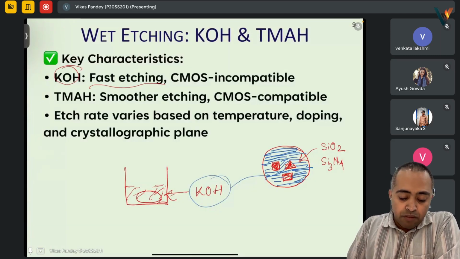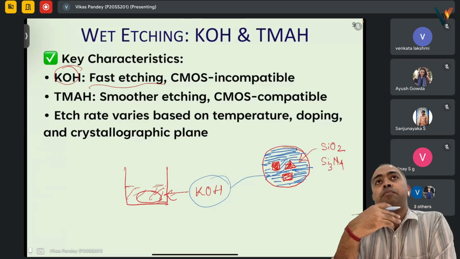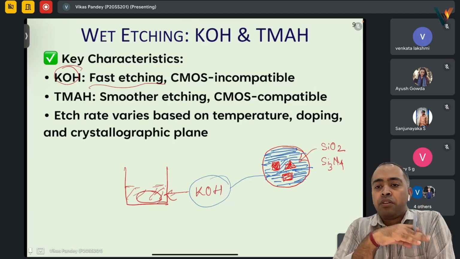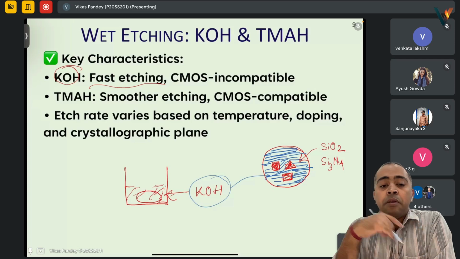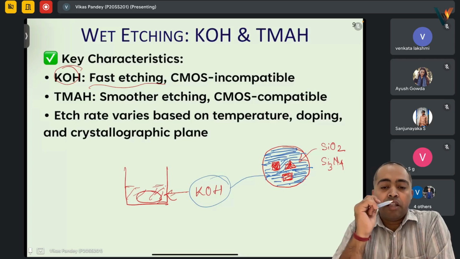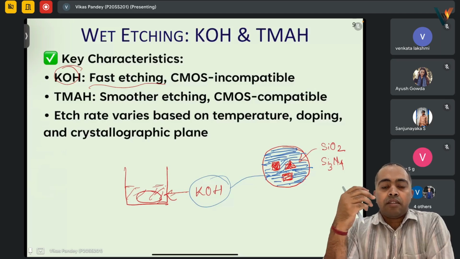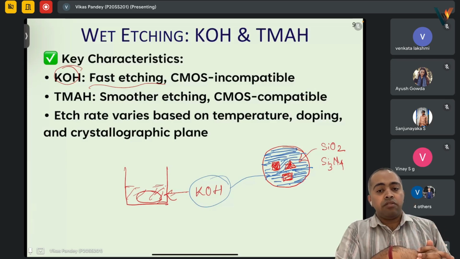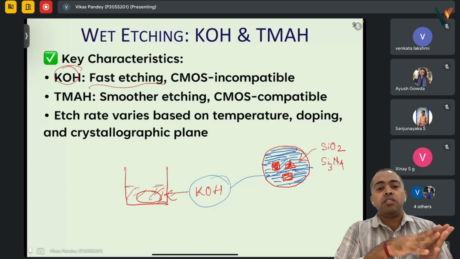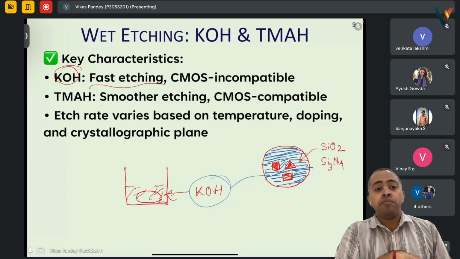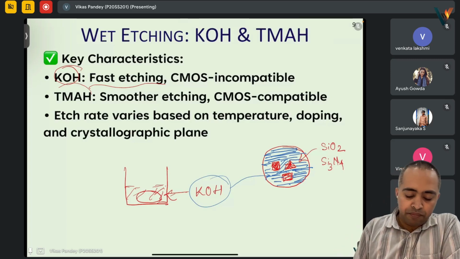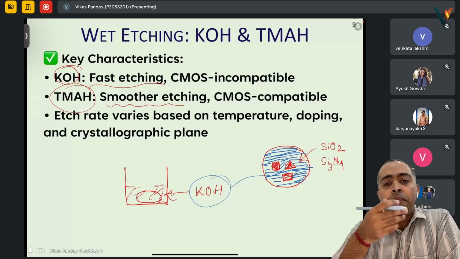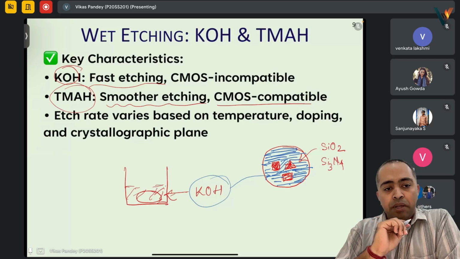Because potassium ions have a very bad effect on our semiconductor devices, since they are mobile ions and if they stick to the surface, they will increase or decrease the conductivity of the surface. That is why KOH is not considered CMOS compatible. Another solution is TMAH, which has a slower etching rate, but it's CMOS compatible.